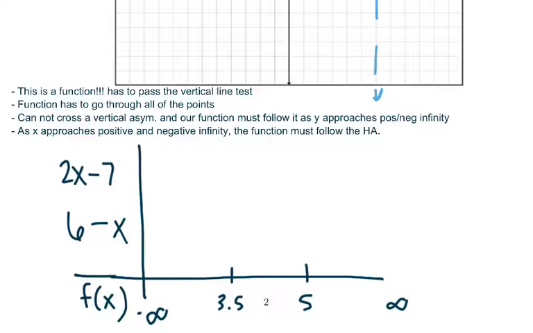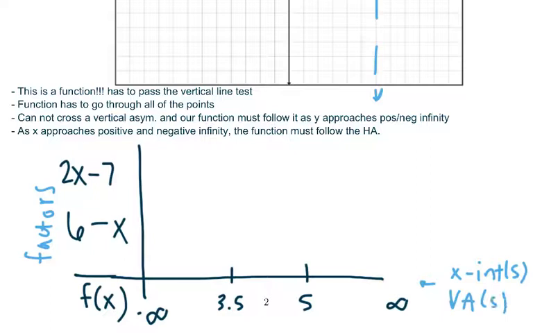Okay, so just a reminder, along this side is going to be our factors. And then along the bottom is where we put our x-intercepts, if there are multiple, and our vertical asymptotes, again, if there are multiple.